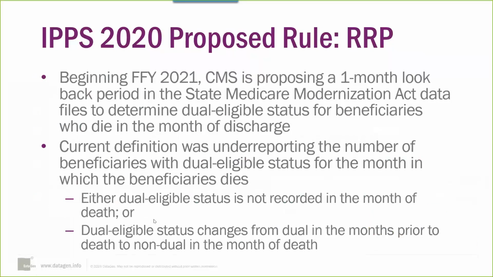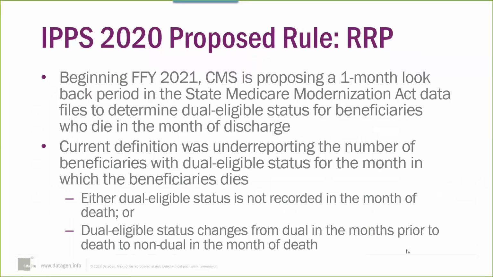So, as I mentioned, CMS is proposing to update that definition of dual eligible status specifically for those patients who die in the month of discharge. Currently, CMS is under-reporting for these patients because those who die in the month of discharge either their dual eligible status was not reported during that month, or it changed from the prior month.